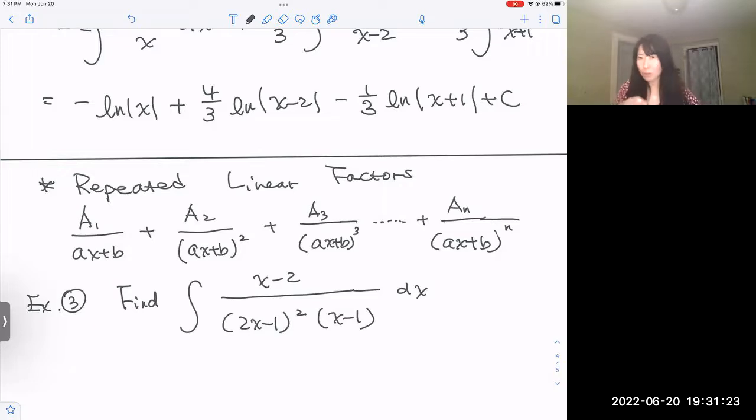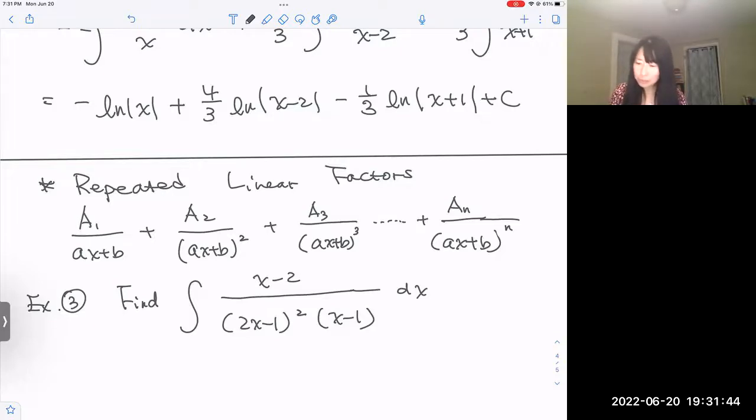Looking at the denominator, it's already in linear form, isn't it? We check the degree: the degree of the numerator is less than the degree of the denominator, right? So we can use partial fraction decomposition.